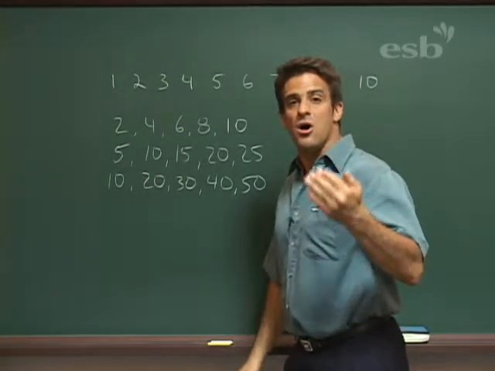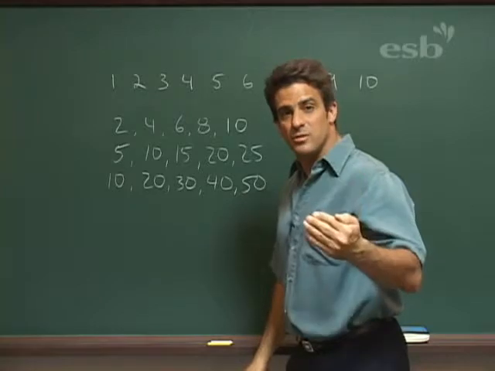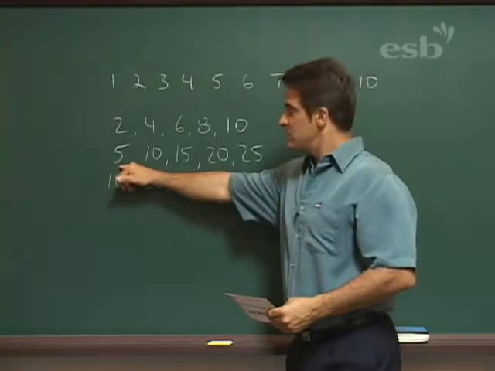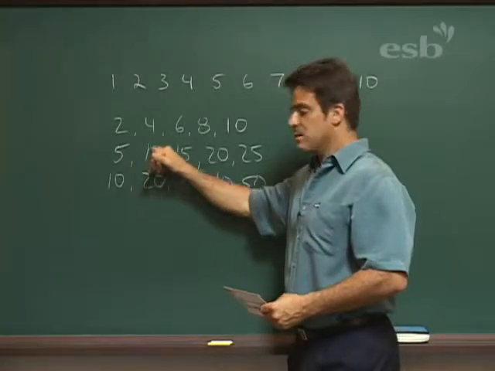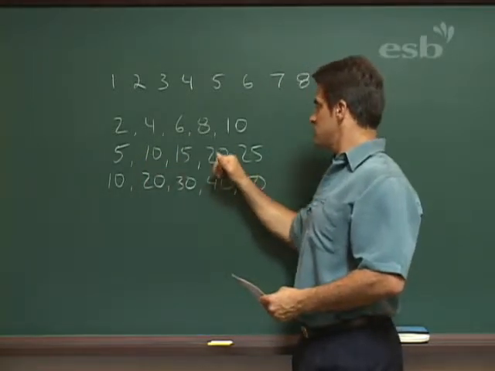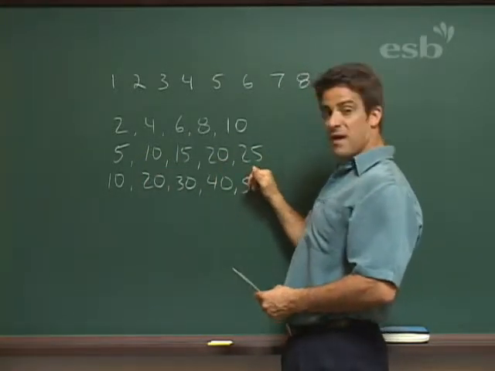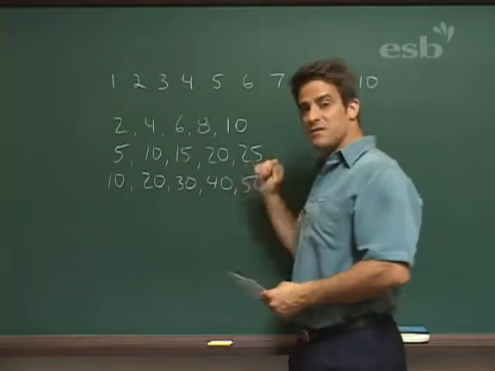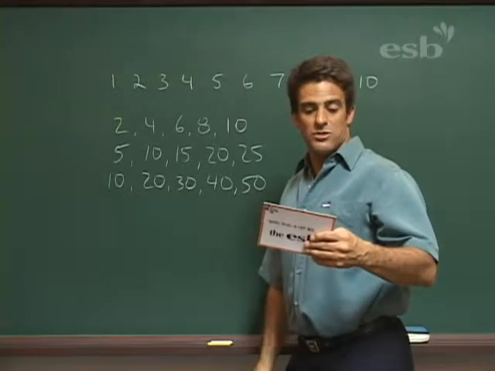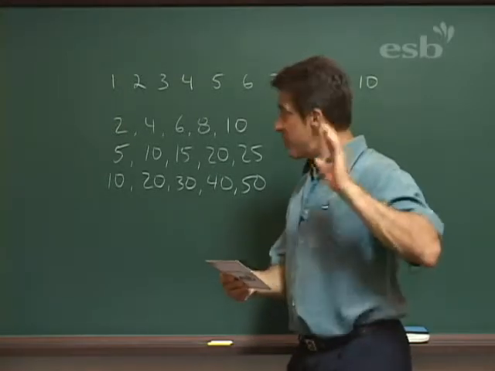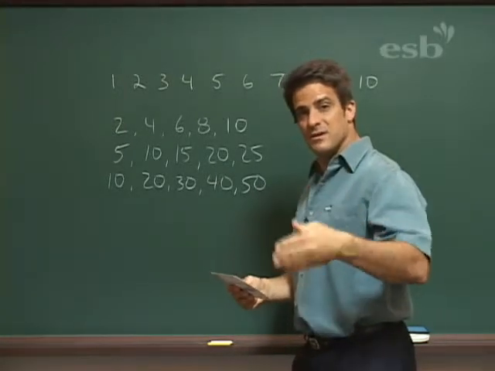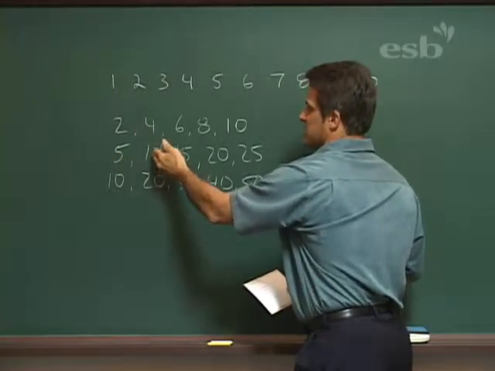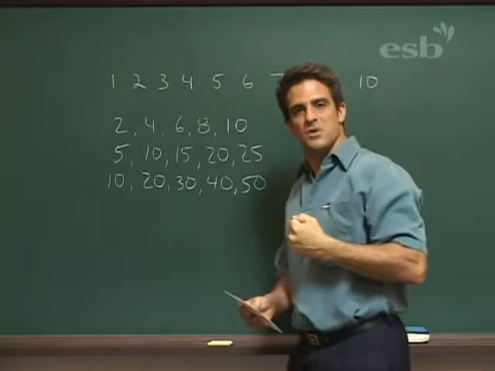Those are all multiples of 2. 5, 10, 15, 20, 25. Those are all multiples of 5. You skip each time. 5, skip, 10, skip, 15, and so on.